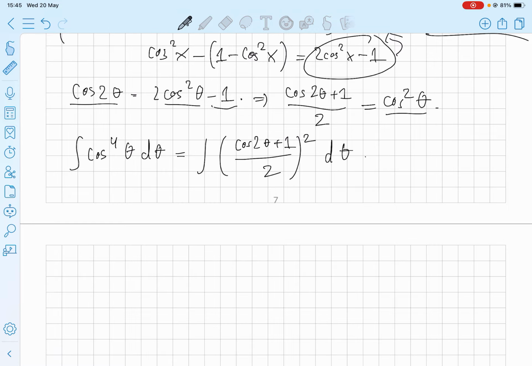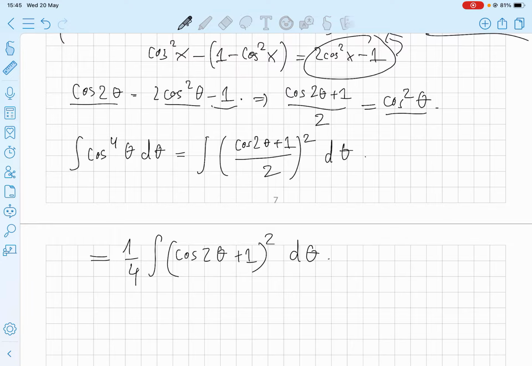Next I will take the 1/2 square out, and it will give me 1/4 integral of cosine 2 theta plus 1 square d theta.